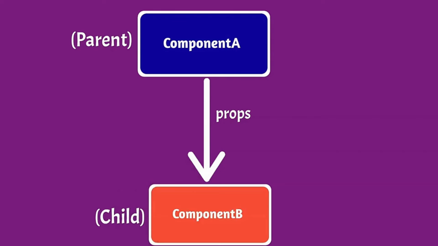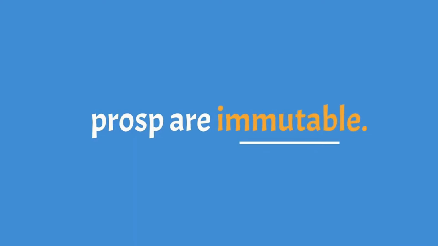Take note of this key point. Props are immutable, which simply implies its value cannot be changed. Haven't understood all this? Head on to VS Code and let's practicalize it quickly.